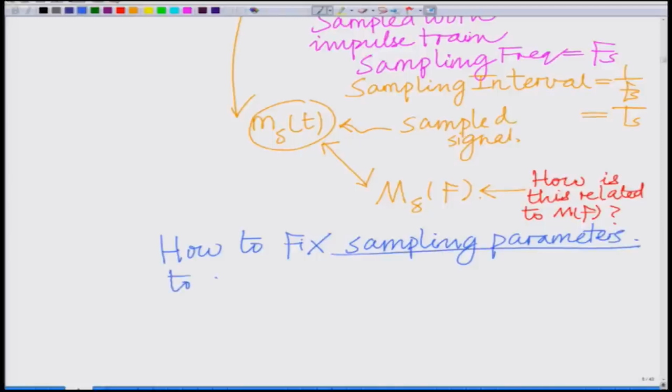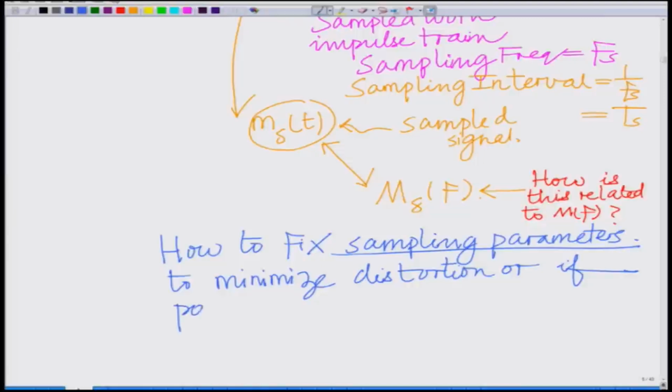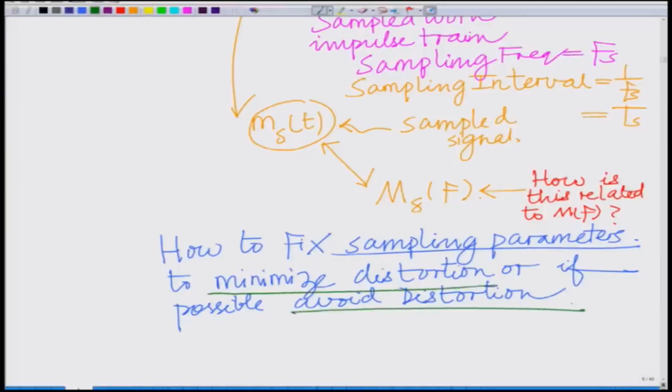Ideally we would like to avoid distortion, but if making it completely zero is not possible, then at least we would like to minimize the distortion caused by loss of information arising due to the sampling process.